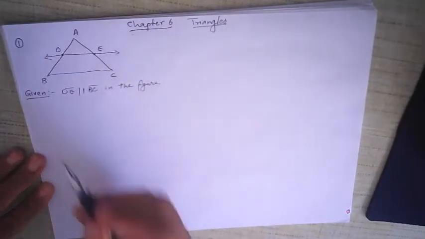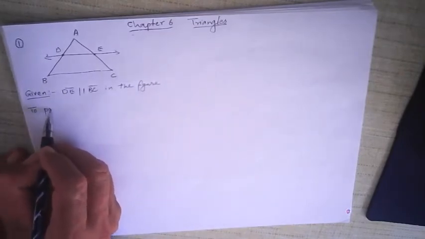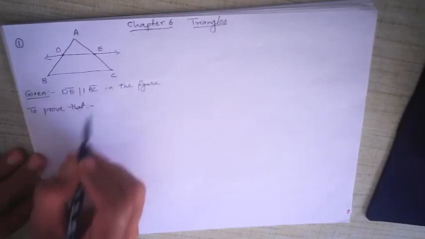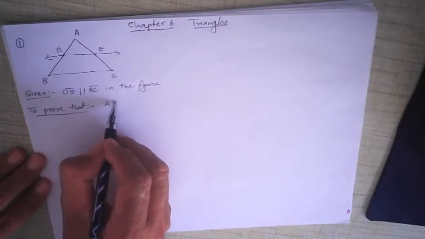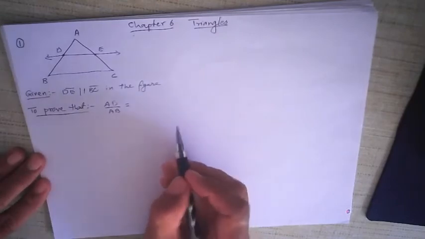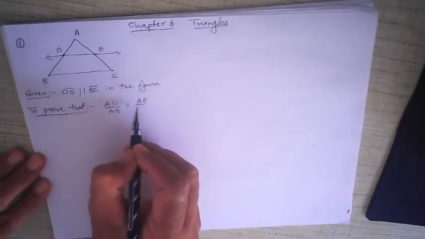Also, we are supposed to prove that AD upon AB is equal to AE upon AC.